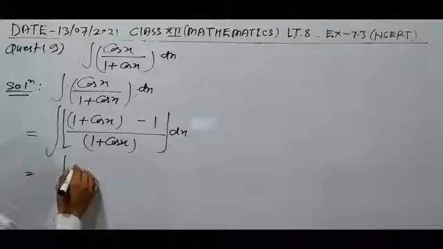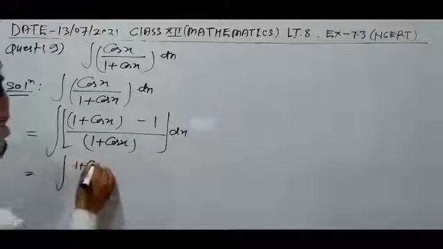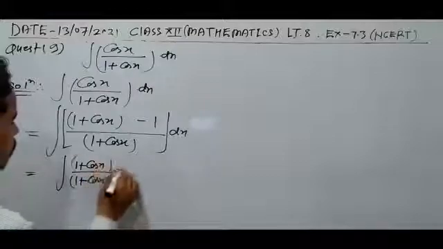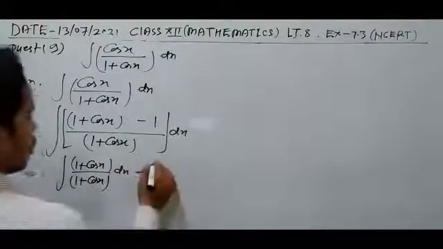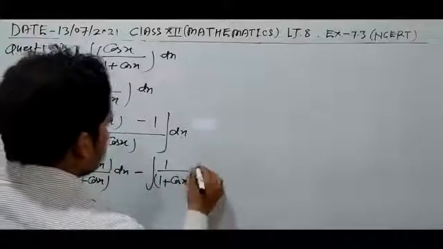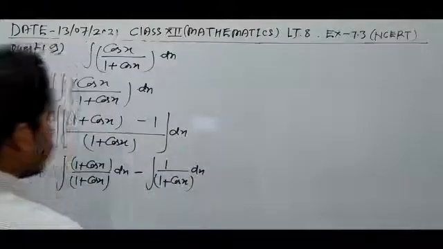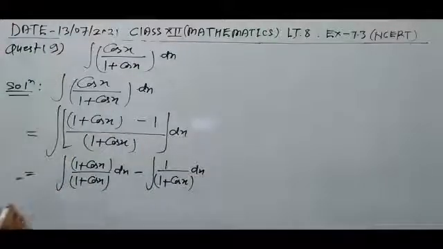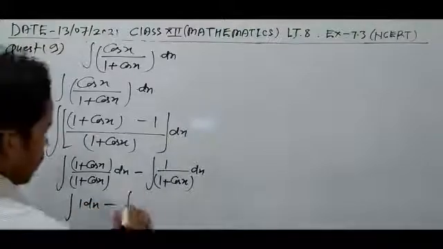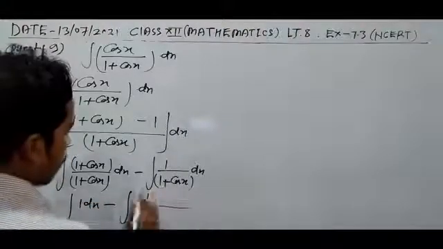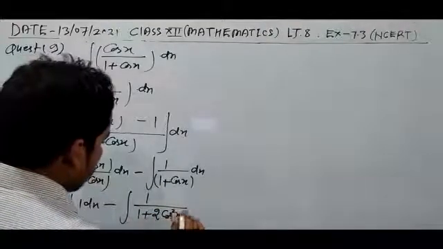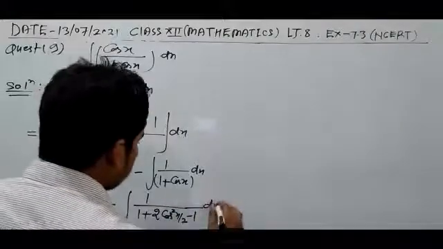This result is integration of 1 plus cos x whole upon 1 plus cos x dx minus integration of 1 upon 1 plus cos x dx. And this will be 1 dx minus integration of 1 upon 1 plus cos x, which means 1 plus 2 times cos square x by 2 minus 1 dx.